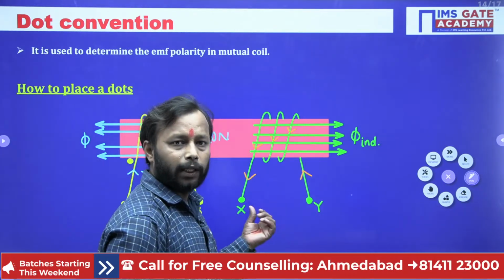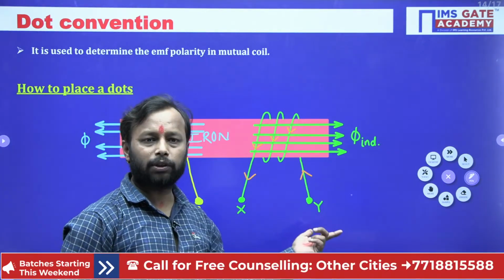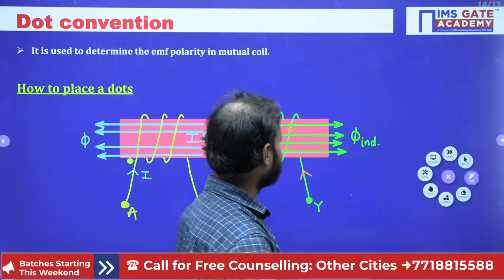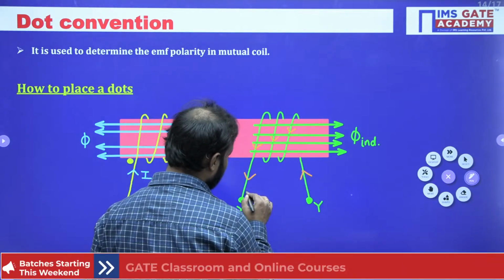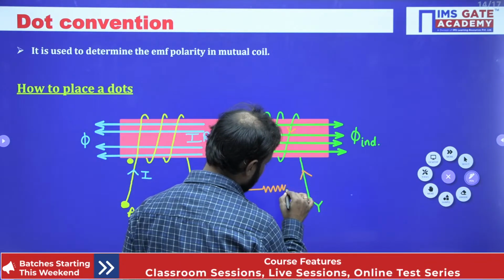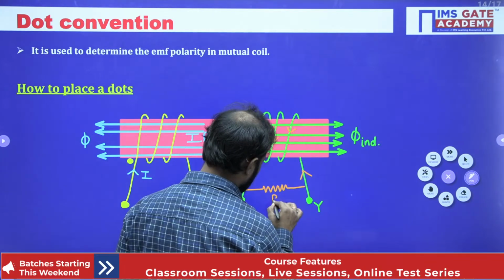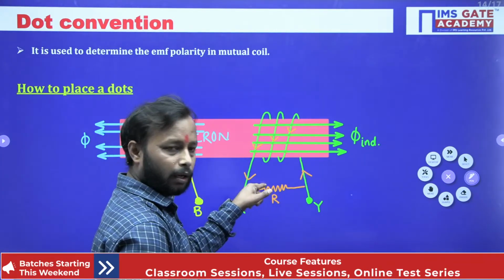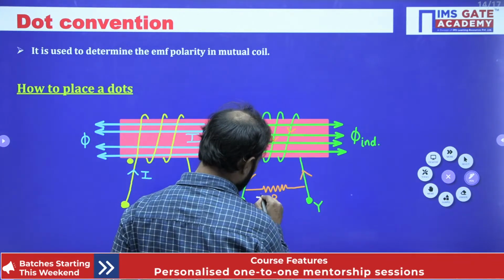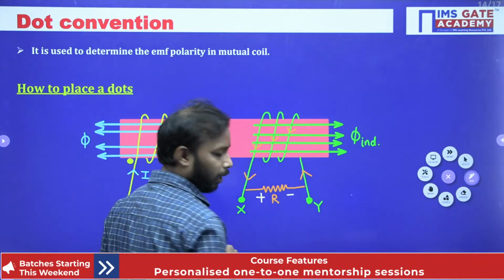Again, whether x is positive or y is positive, we will use the fictitious resistance. So connect a fictitious resistance R here like this. So this current, if it flows through R, it becomes positive and this becomes negative.